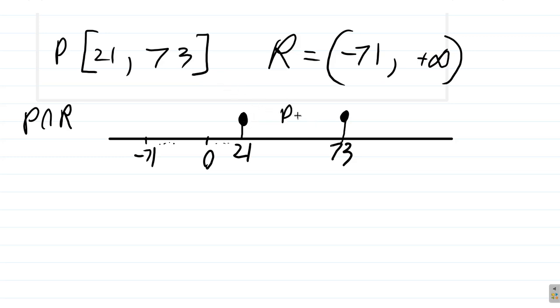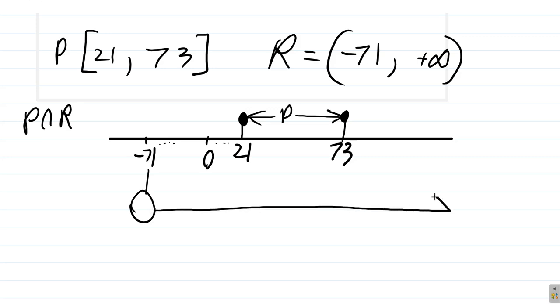So this is P. Now what about R? R is at -71, but -71 is not included. So you can say it's open at -71, going up to positive infinity.